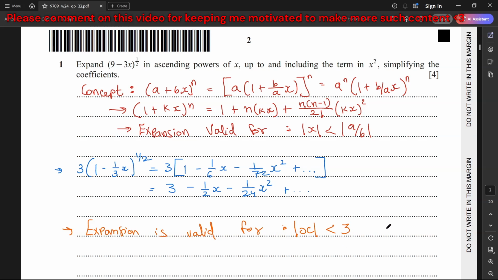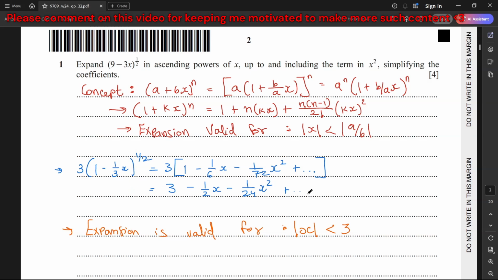Or in other words, this is the same as writing from negative 3 to 3. So either way is fine. So if your x is any value in between these values, this validity is going to hold true. Basically, this equation is going to give you an approximately correct answer as compared to what you would get by putting the value in directly and getting the output without using the expansion formula.